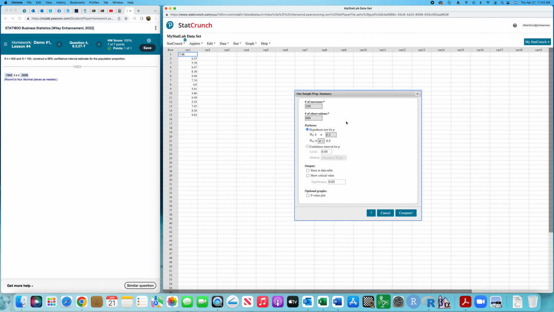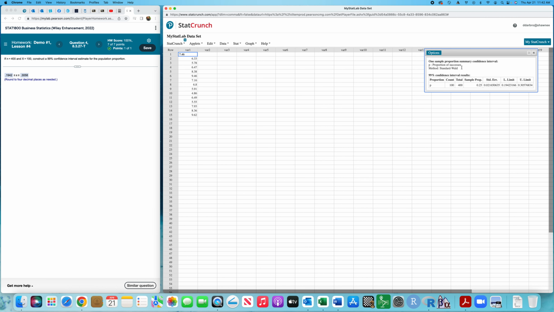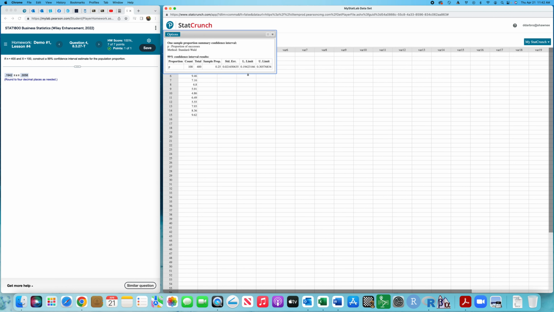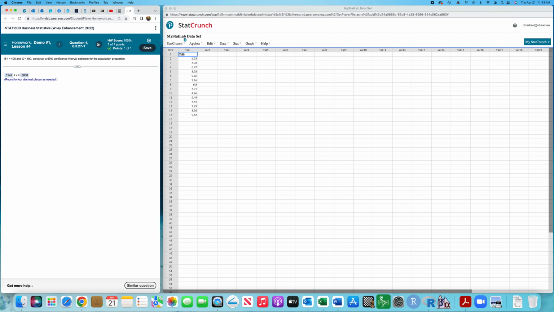We have 100 out of the 400 that have what we're examining. And we need a 99% confidence interval instead of a 95. So you can see that we get 0.1942. It says to round to 4 decimal places. And 0.3058. That's a pretty simple problem.